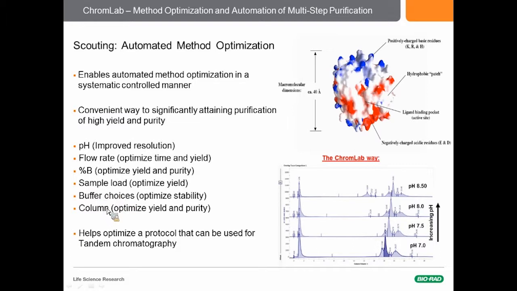Now, whether you are an experienced chromatographer or just starting out, whether you are commencing on a new project, looking to improve on existing processes, or working on multiple projects where automation and short timelines are key, this is a great solution for you. Scouting helps optimize a protocol that can be used for tandem chromatography.